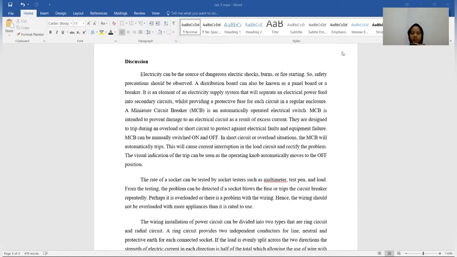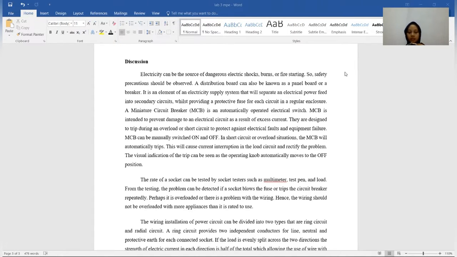MCB can be manually switched on and off. In short circuit or overload situations, the MCB will automatically trip. This will cause current interruption in the load circuit and rectify the problem. The visual indication of the trip can be seen as the operating knob automatically moves to the off position.